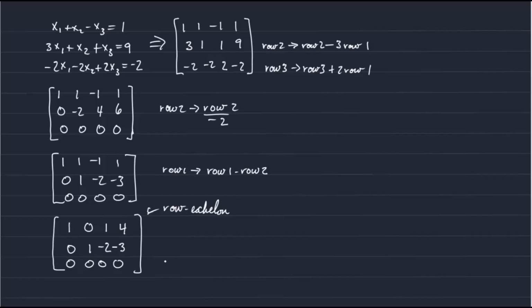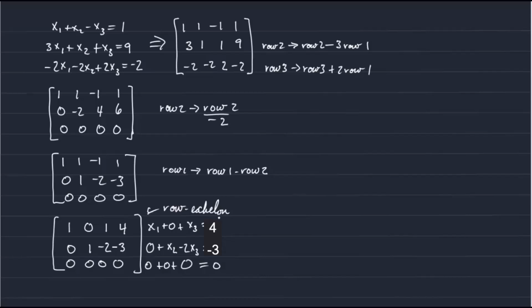So the bottom row gives us the equation that 0 plus 0 plus 0 equals 0. Our second row tells us that 0 plus x2 minus 2x3 is equal. And the top row tells us that x1 plus 0 plus x3 is equal.